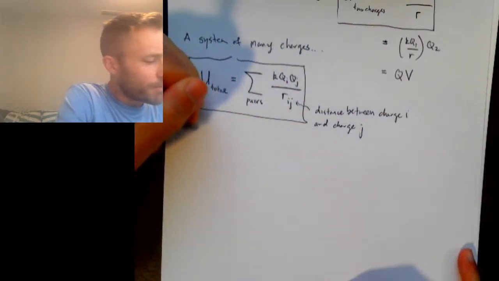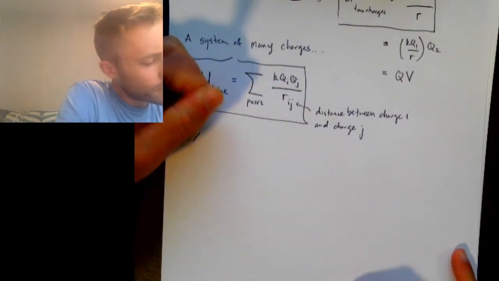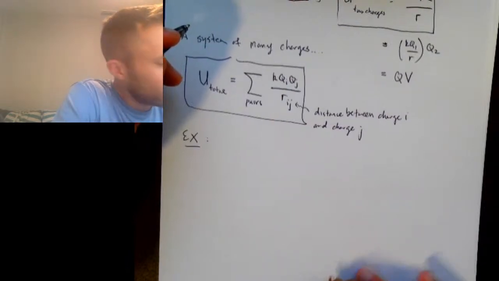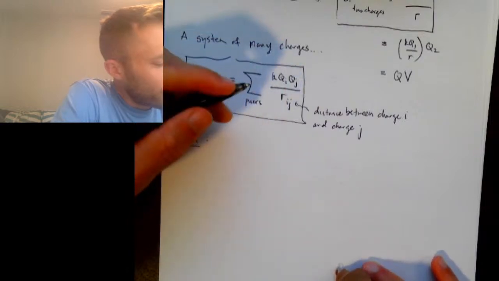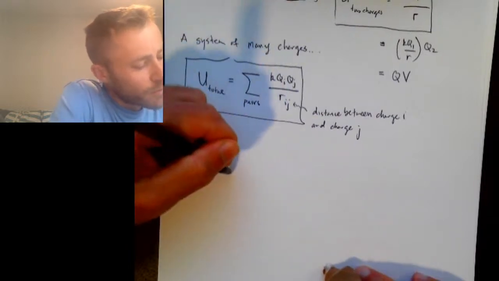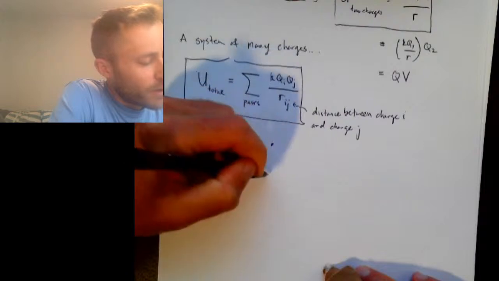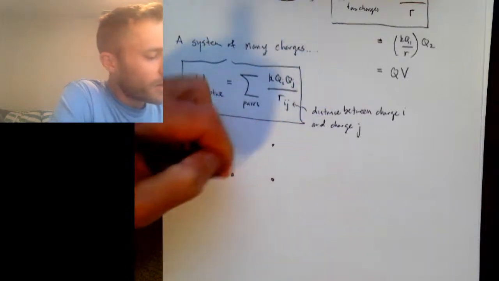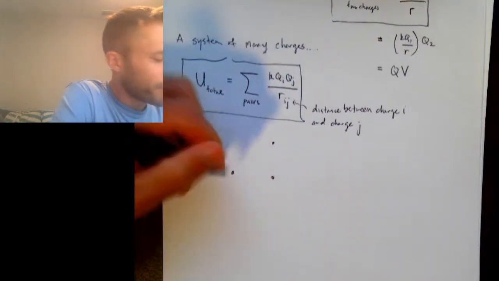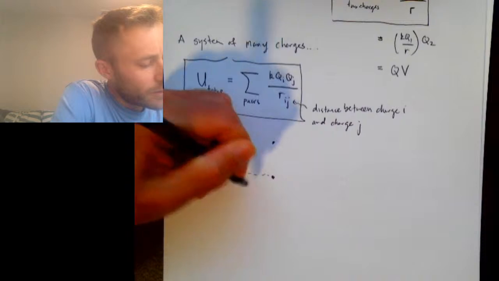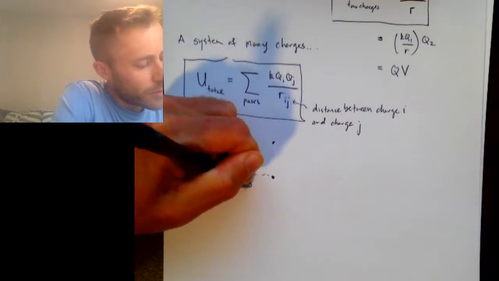So let's do an example. Let's suppose, what shape should I use? I'm going to do, let's just do a right triangle of charges. So let's suppose we have a right triangle of charges. All right. Let's say that this distance right here is 3 meters.